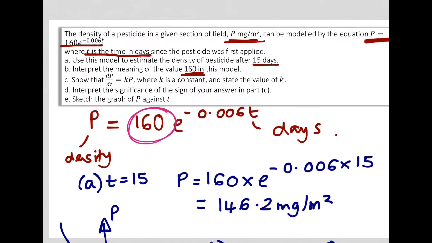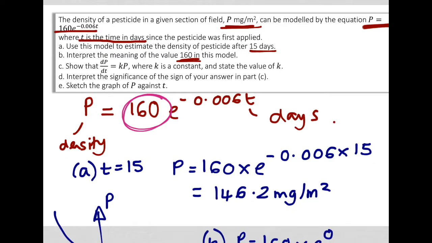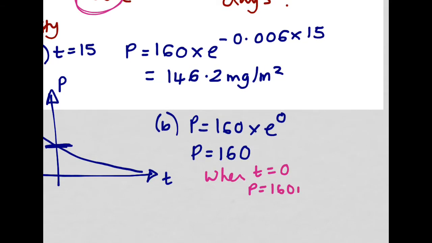If we go back to answer the question, interpret the meaning of this value of 160 in the model. It means that when t equals 0, so at the start, p equals 160, don't forget those units, milligrams per metre squared.